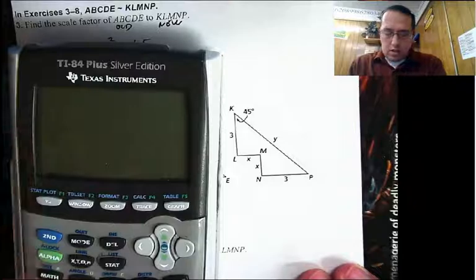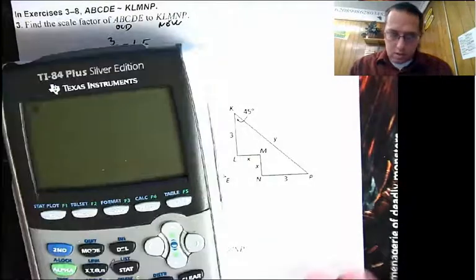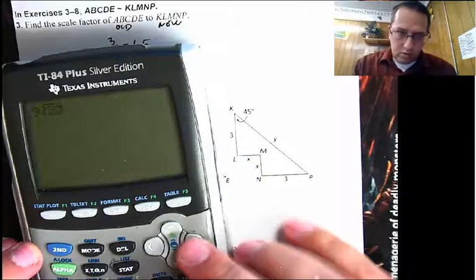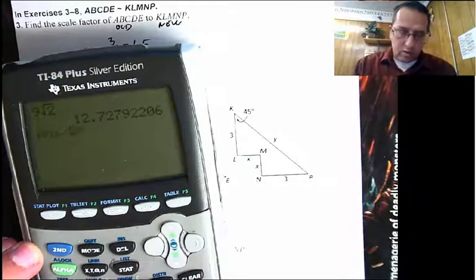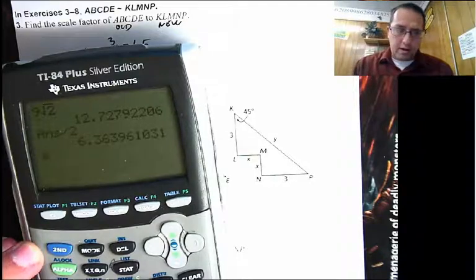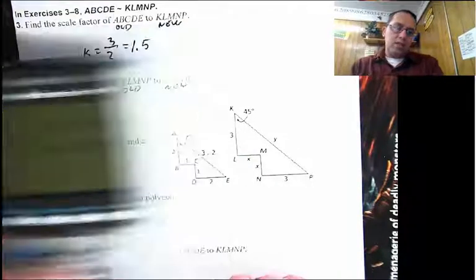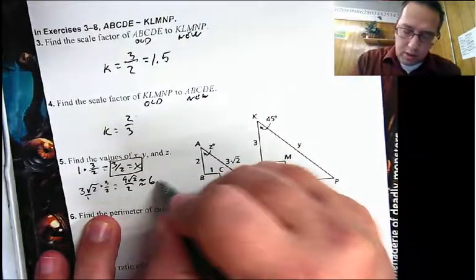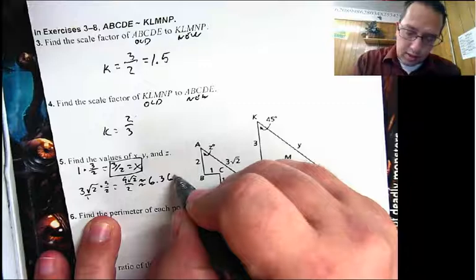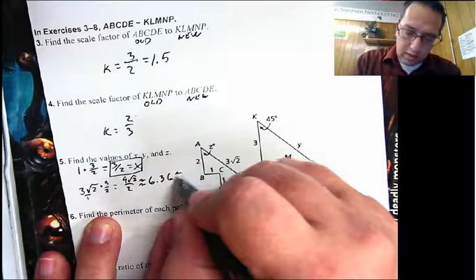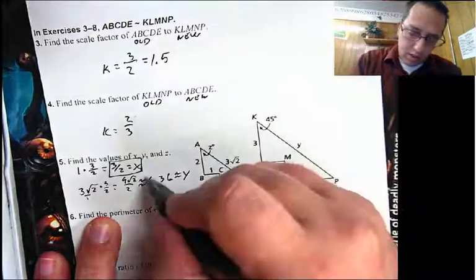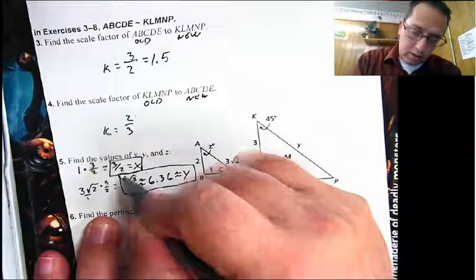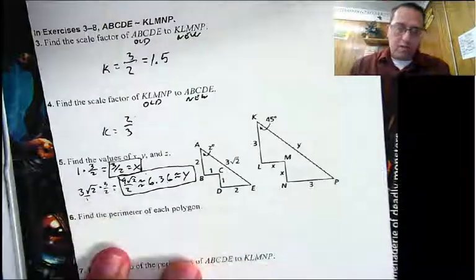Let's go ahead and change that to a decimal. Let's see what we get here. So we have 9 square roots of 2 divided by 2. Isn't that lovely? 6.36 approximately for y. So that's approximately the value for y. And depending on who your professor is, depends on whether they would prefer this one or that one.